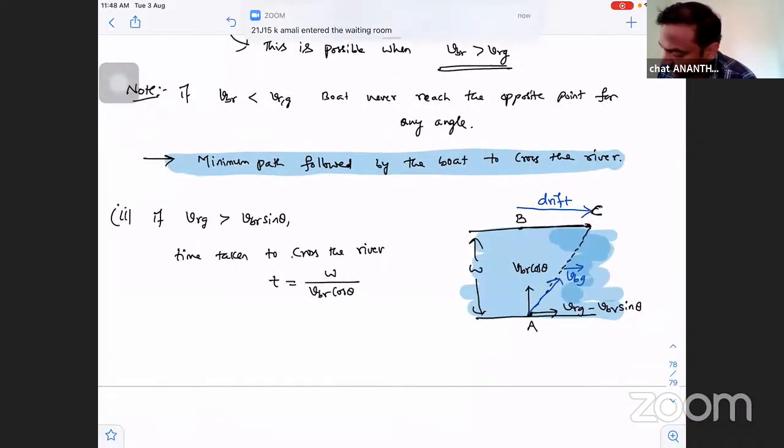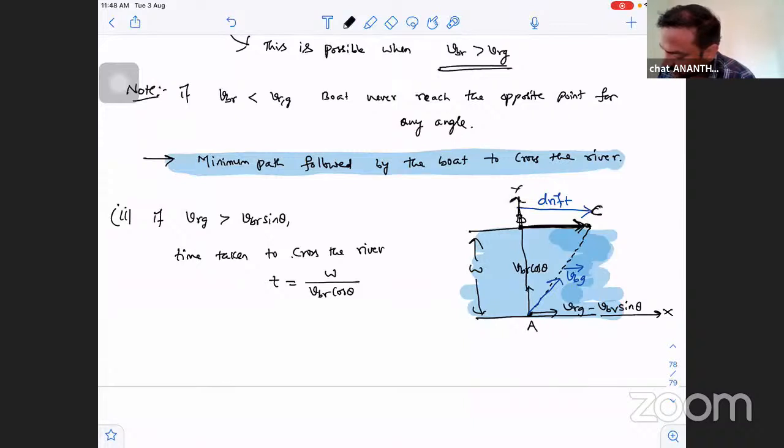Then what is the drift value? Can you find out the drift value? Drift is nothing but displacement along the x-axis. You can take this as the x-axis and this as the y-axis. It's something like a projectile motion. Can anyone tell me what the drift value is now? The drift, which is nothing but the BC length, is equal to the horizontal displacement.